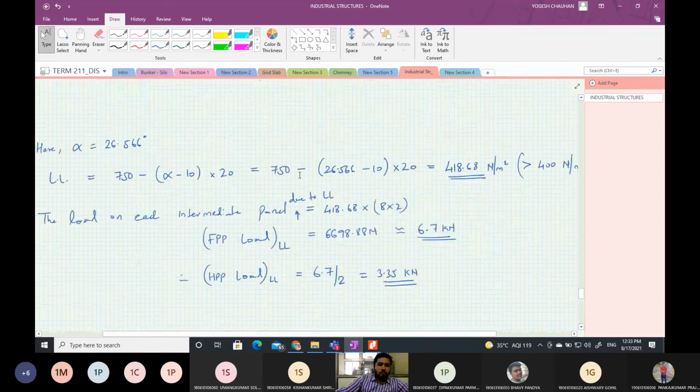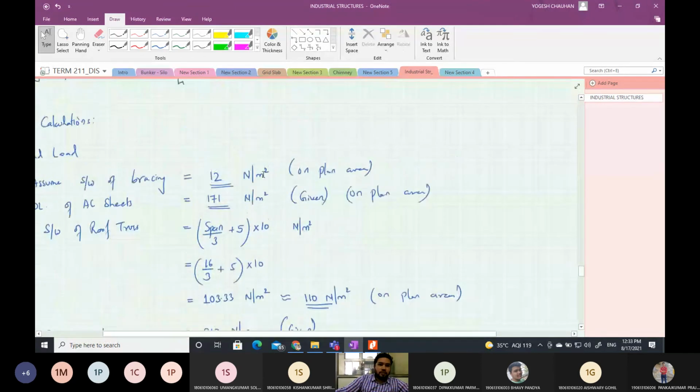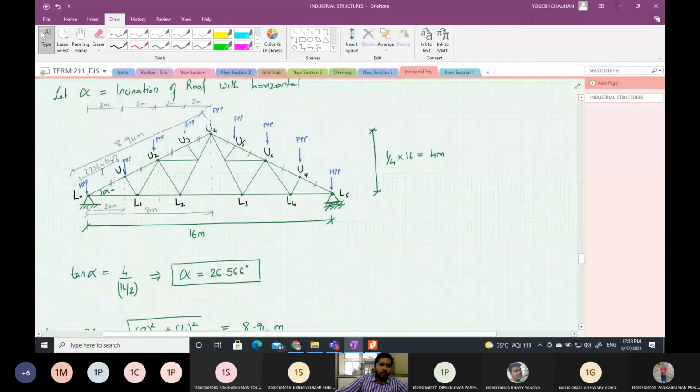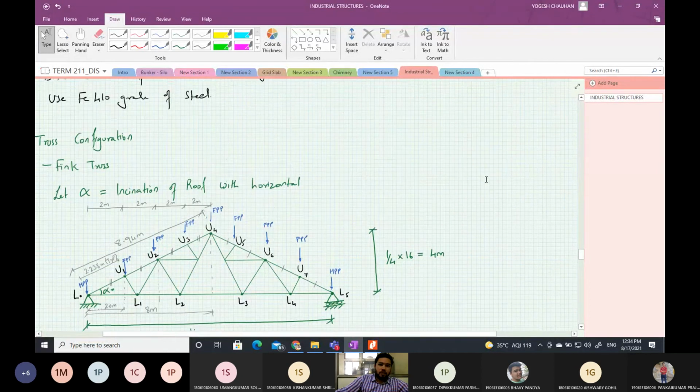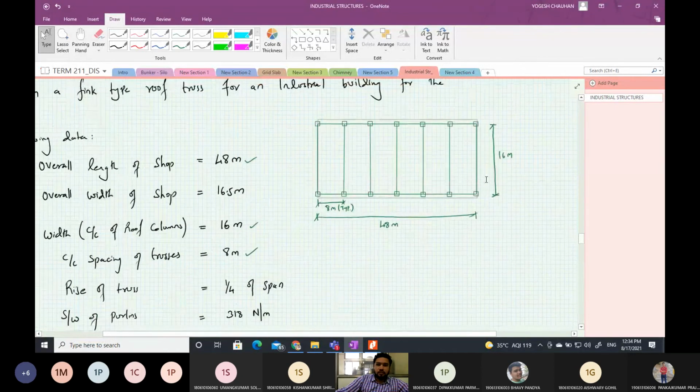Now wind load will act on the slope area. It will not act on the plan area. So you will have to take the slope area. The slope area will be 2.235 multiplied by 8, where 8 is this: if you consider the intermediate truss, then half load from this side and half load from this side.